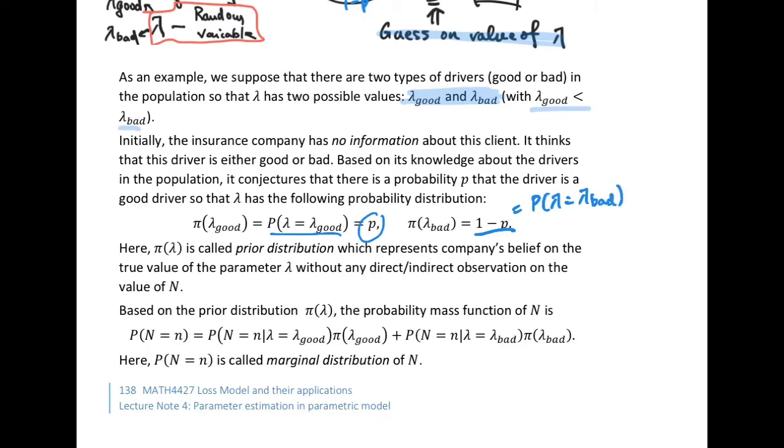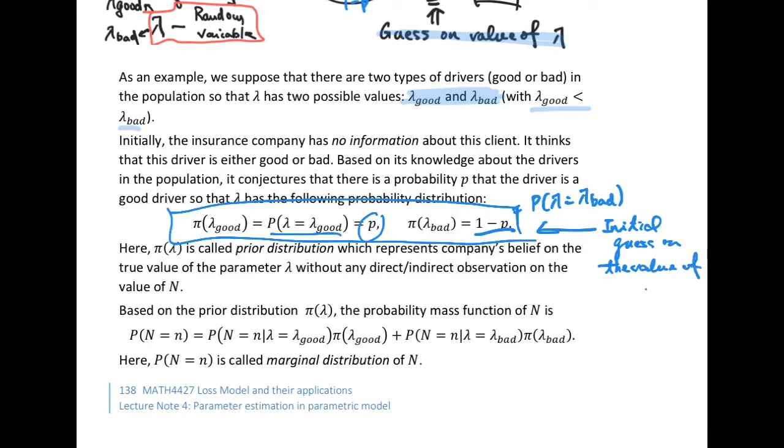This distribution will be the company's initial guess on the value of lambda, based on what it knows so far, just from some public information or whatever.